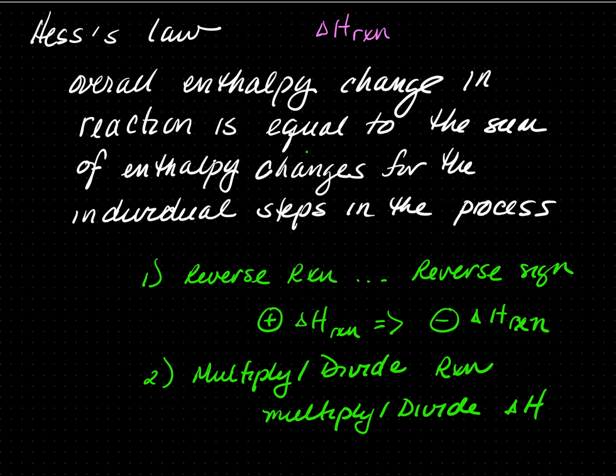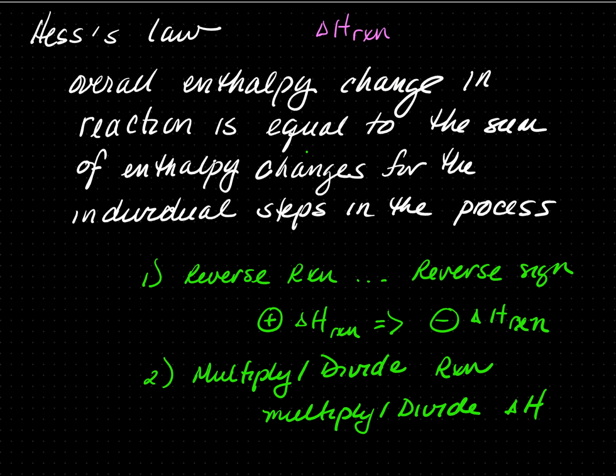Whether it goes through one step or multiple steps, the delta H of the reaction will be the same. This is why enthalpy is a state function. It only depends on the initial and final.